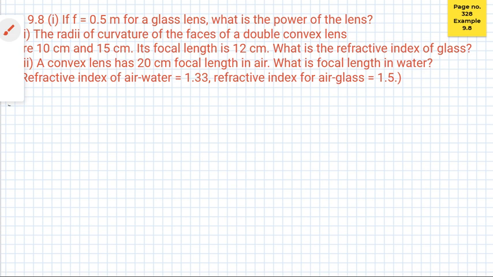Now in your first question, they have asked you to calculate the power of lens. Apart from this, they have given the focal length. So to start with, let's write down the solution for the first part.